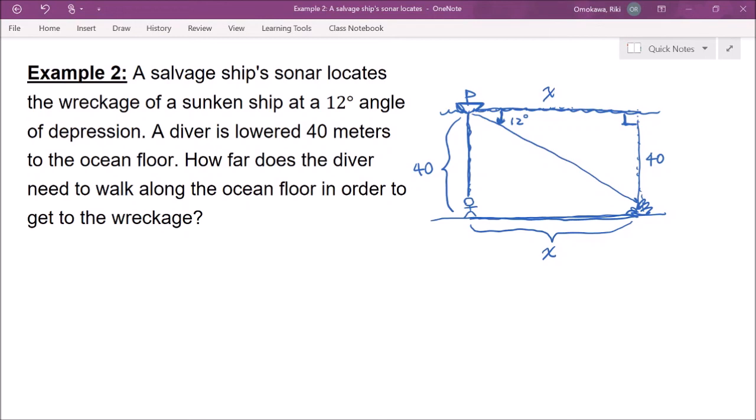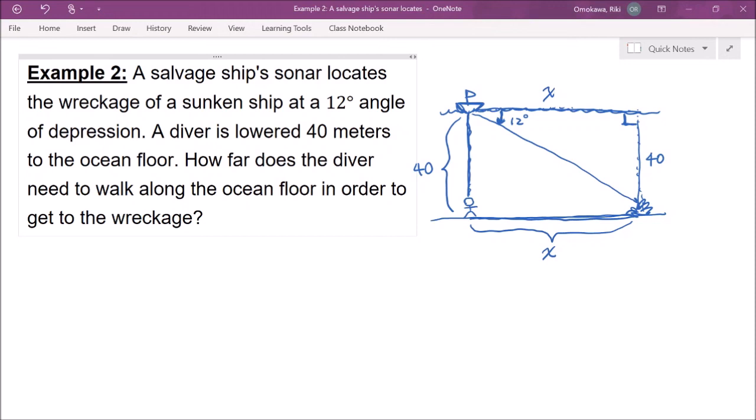Or you could say these should be parallel. So this angle is alternate interior with this, if you remember properties of parallel lines from your previous work. So alternate interior angles, that means this is 12 degrees. And then you could use the right triangle down here.